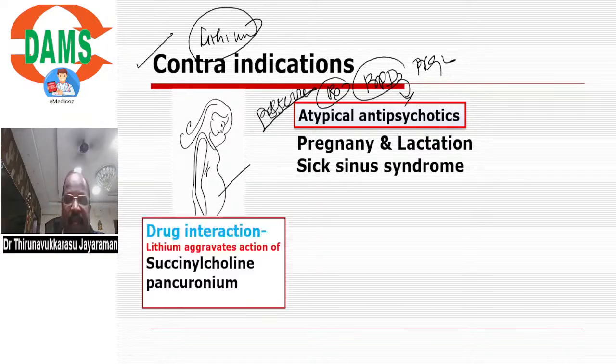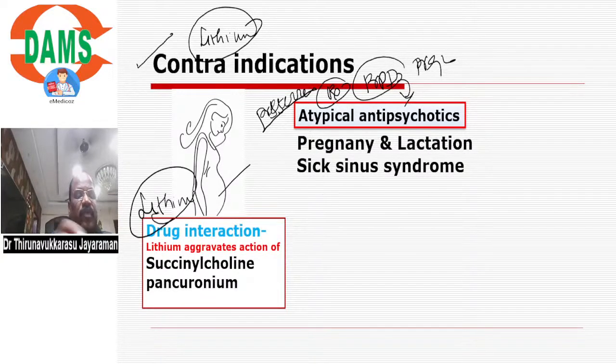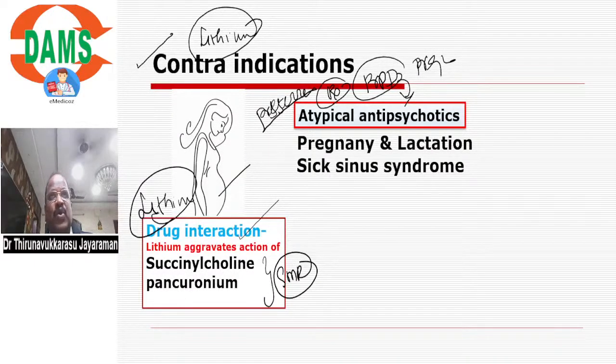Okay, and then lithium drug interaction. Two types of drug interaction. One type is lithium aggravating the actions of skeletal muscle relaxants like succinylcholine and pancuronium. Okay, lithium aggravating the actions of SMR.